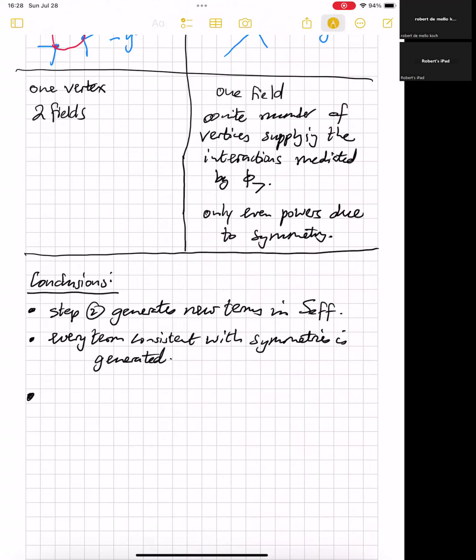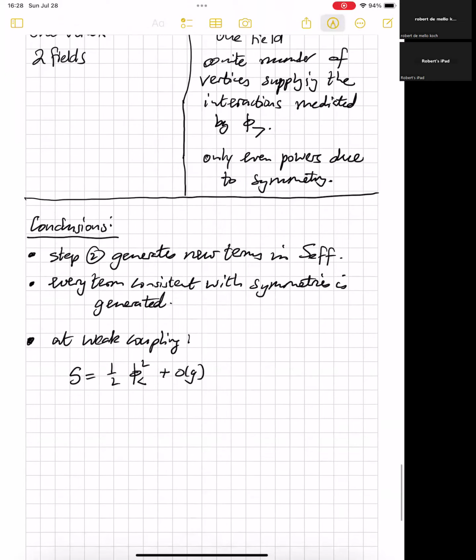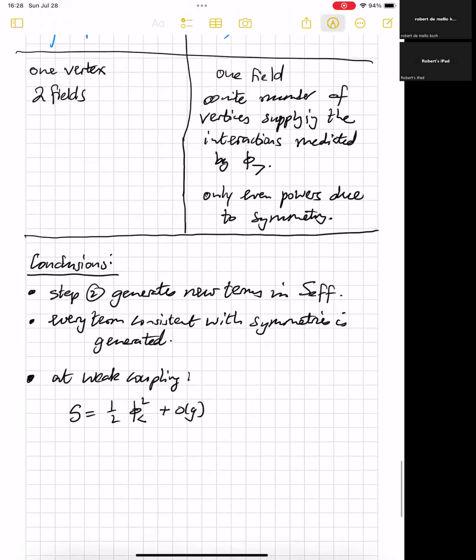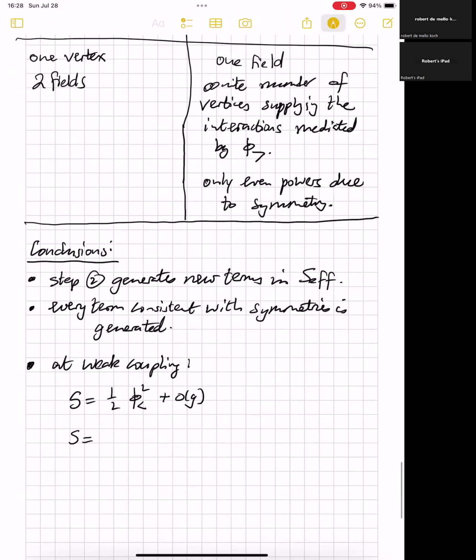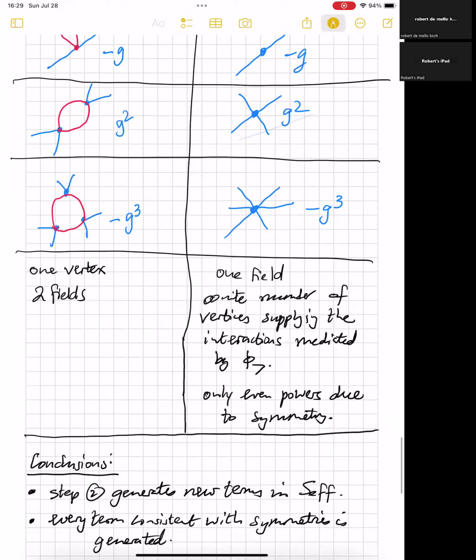Now, what happens at very weak coupling? At weak coupling, if you were acting just to the leading order, you would say, well, S is just 1/2 phi less than squared plus order G. And if you were saying, well, I want to be slightly more accurate, then you might say S is equal to 1/2 phi less than squared, and then you might add in the first term coming here.